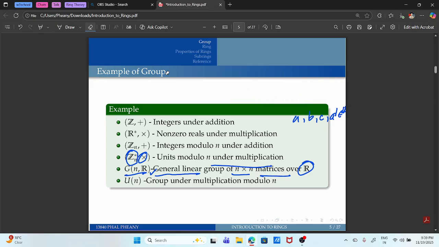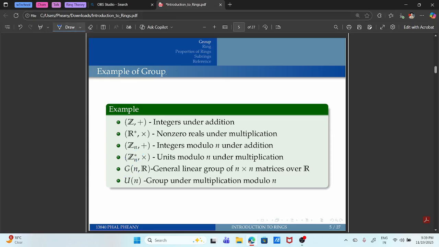Now we continue to the next example, the last example that I included today. It is U n. U n is the group under multiplication modulo n. Suppose we have U10. I think most of you know about the Cayley table.